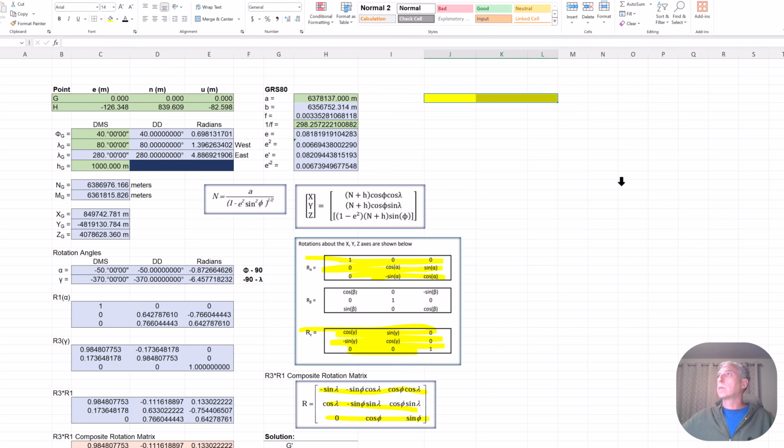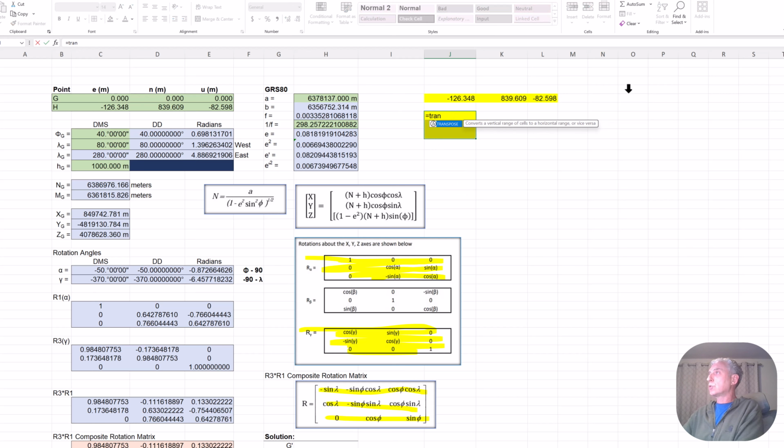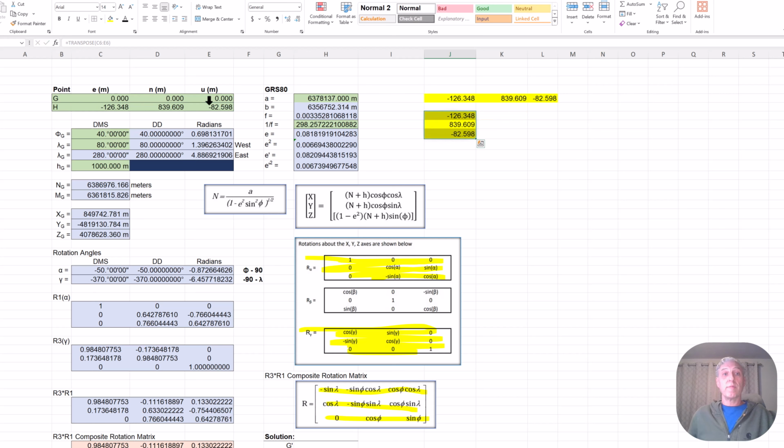If I were to try to go equals this, but I need that to be a column vector, then I could turn it into a column vector easily by typing equals transpose, and then just highlight my vector, and it turns my row vector into a column vector.